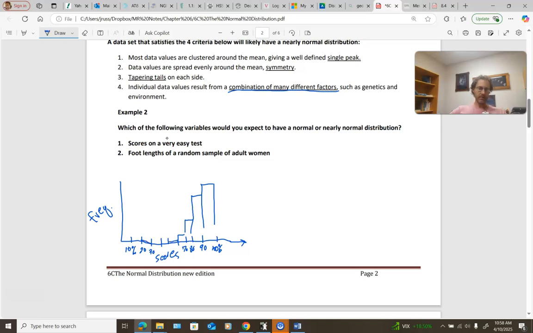Maybe there was an odd individual or a couple people that made some low F's, but for the most part, if it's a very easy test, the histogram might look like this. Or in other words, if I were to draw a smooth curve, this would probably be a left skewed distribution, so it's not going to be normal.